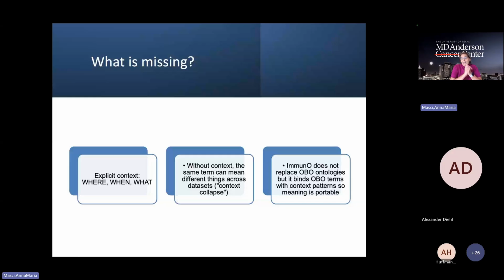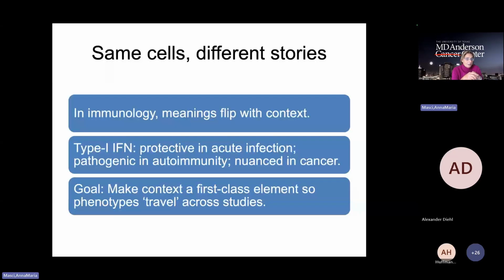These are just a few examples I want to give you, to show how the context makes the difference. The same cell producing the same molecule, like interferon type 1, can have completely different results depending on the context in which that cell is producing that molecule.